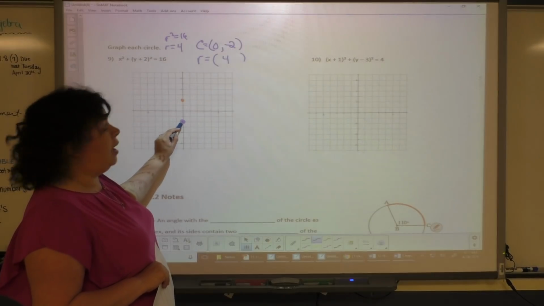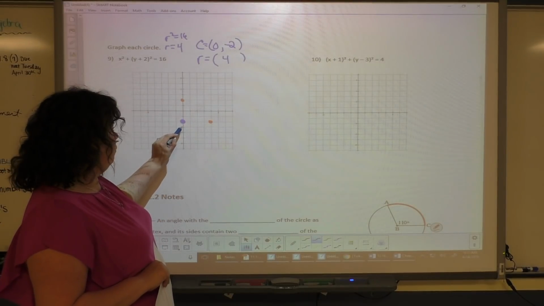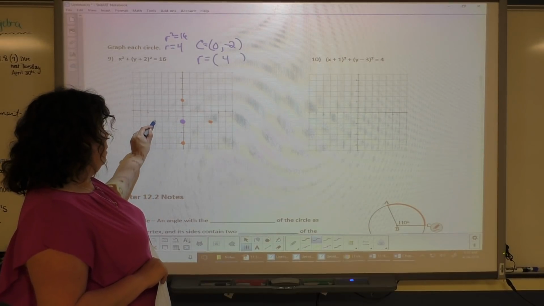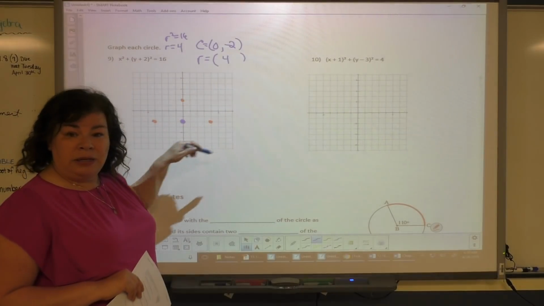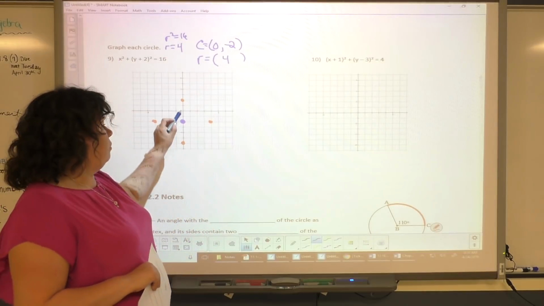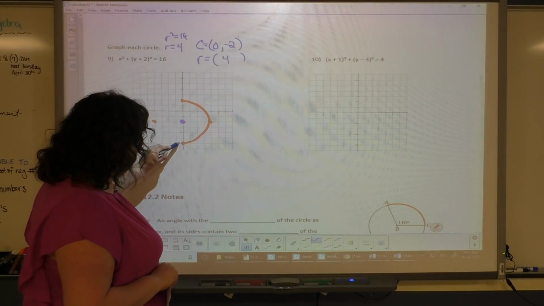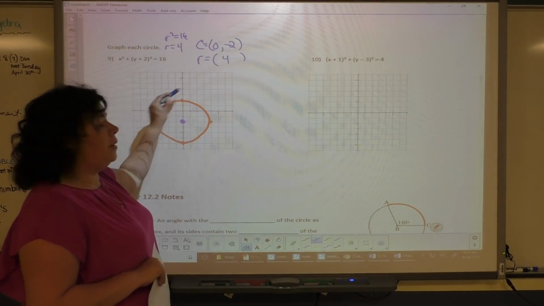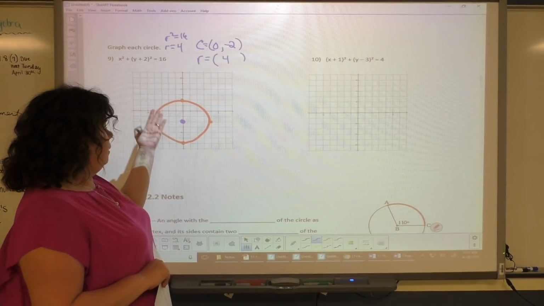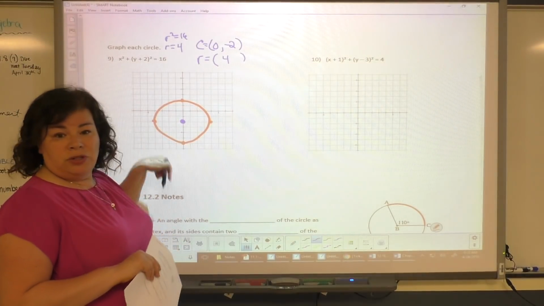From the center, 4 units to the right, 1, 2, 3, 4. 4 units down, 1, 2, 3, 4. And 4 units to the left, 1, 2, 3, 4. Now that I have my 4 points equidistant around the center, all I'm going to do is draw a circle, and those points have to be on the circle itself. It's not the best circle, but it's the best that we can do. Hopefully yours is a little better than mine. We've identified the center, identified the radius, equidistant on all sides, and you just draw that circle.